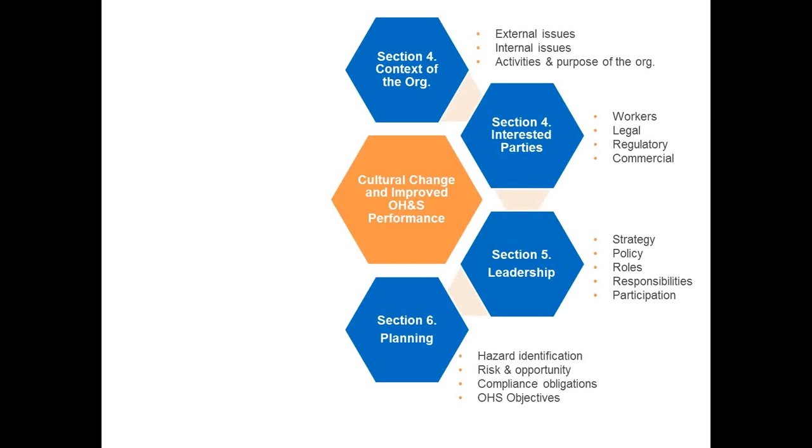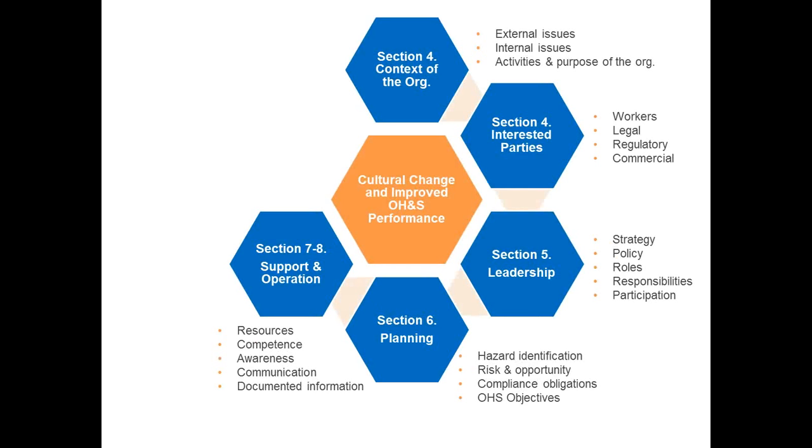Section 6 is the planning. That's the hazard identification, the risk and opportunities, and taking actions to reduce and promote improvement, compliance obligations, and identifying objectives and targets to deliver continual improvement of the system as it develops.